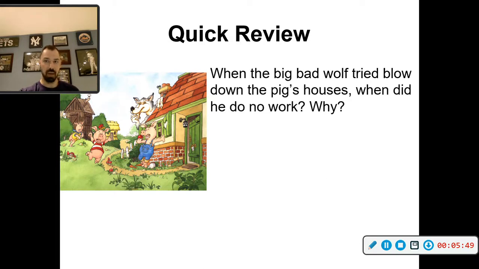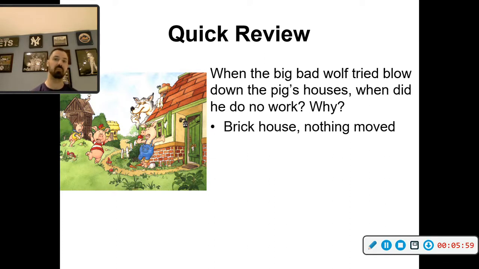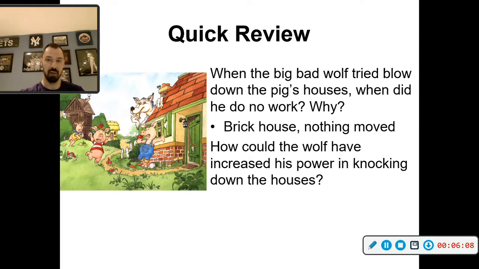The Big Bad Wolf story, you guys know, he tried to blow down the three pigs' houses. When did he do no work? Well, that last pig. The last pig had the brick house. There was no movement when he huffed and puffed and blew. So no work was done. How could the wolf increase his power of knocking down the houses?